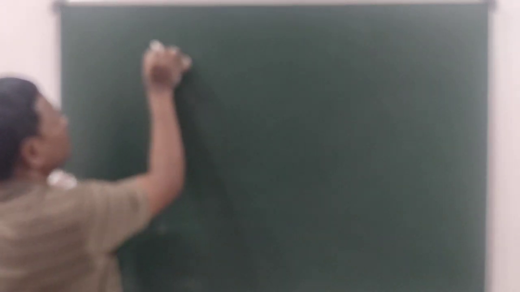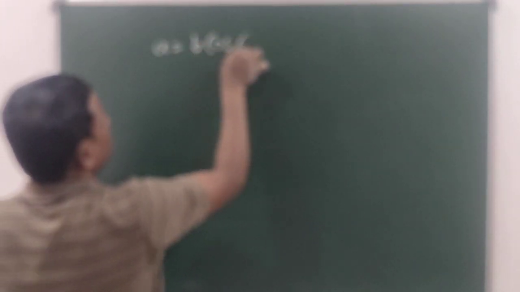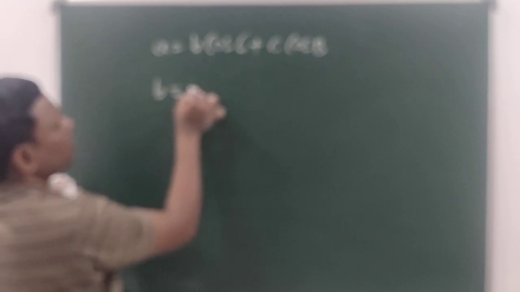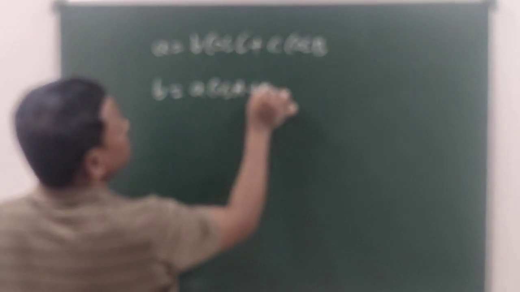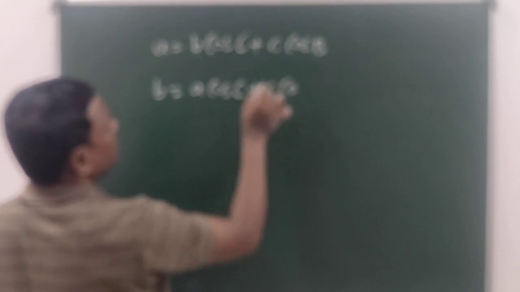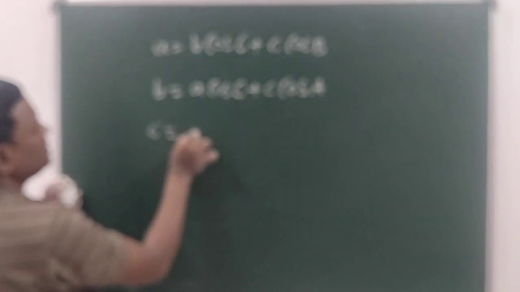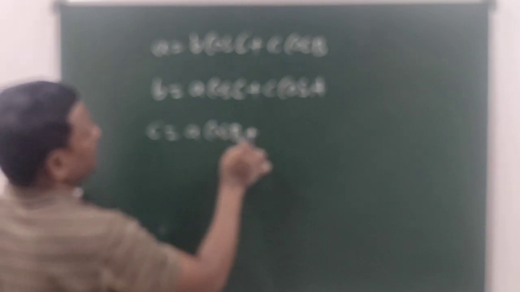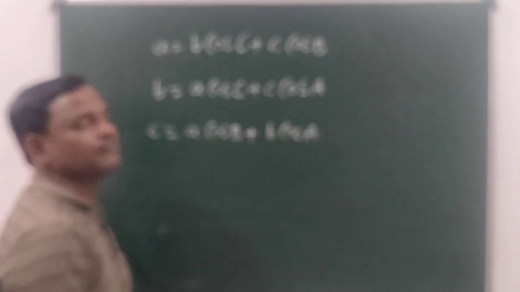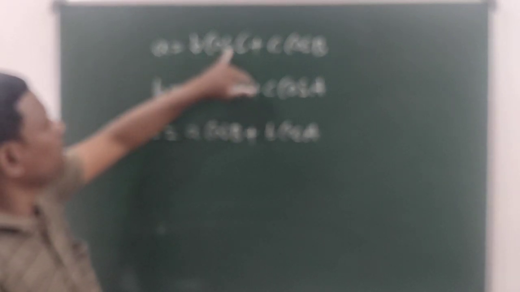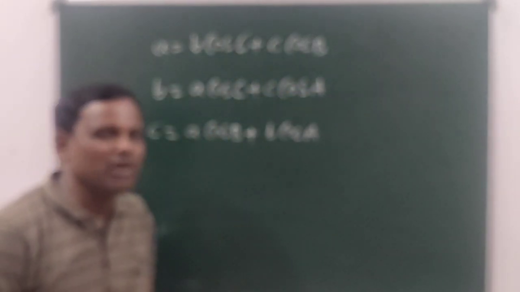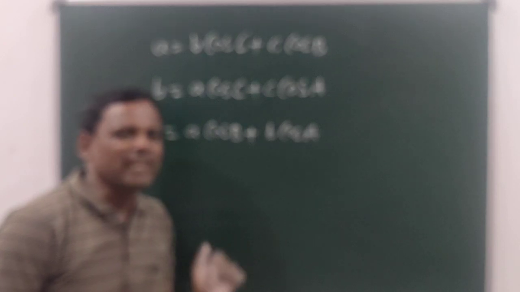In a triangle ABC, small a is equal to b into cos C plus c into cos B, and small b is equal to a into cos C plus c into cos A. Now small c is equal to a into cos B plus b into cos A. Here small a, small b, small c represent the lengths of the sides of triangle ABC.